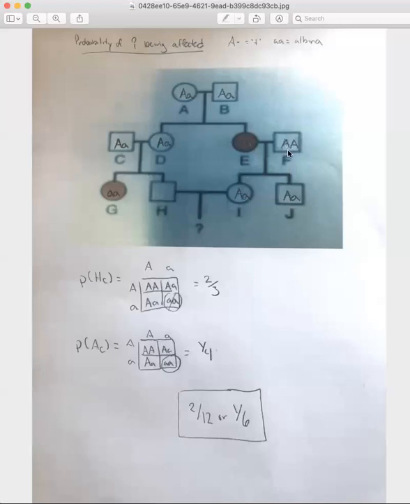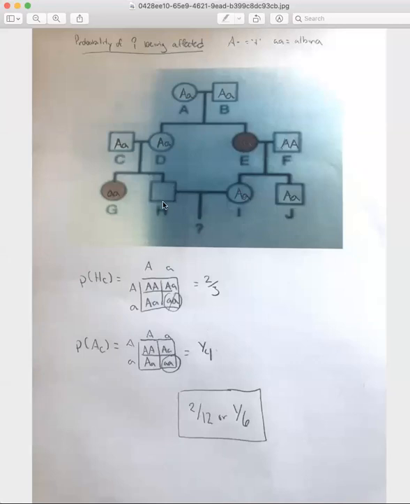And so F is big A, big A, and E is little a, little a. When you pair up little a, little a with big A, big A, all of their offspring are going to be carriers, because E is little a. And so we know that the genotype for I is big A, little a. The genotype for J is big A, little a. And those are all of the genotypes we know. So we basically know everybody's genotype except H here.